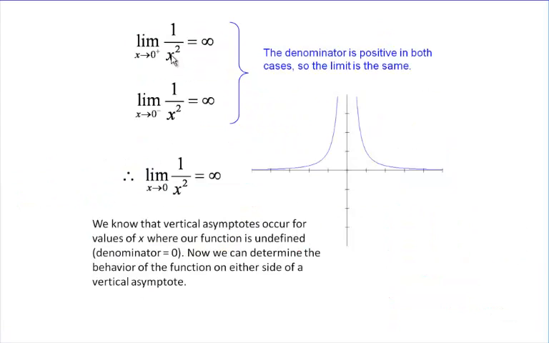Here's another function. This is the function 1 over x squared. And as we put in super tiny positive input values, we can see, as evidenced on this graph, that the output values head to positive infinity. And that's true analytically because 1 over positive tiny squared, if you square a positive tiny number, you get an even more tiny number.